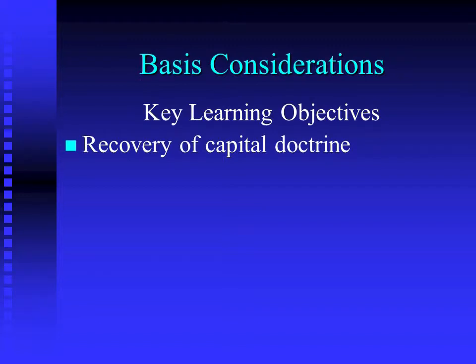So recovery of capital doctrine means if you spent money to make money, you've got a right to take a deduction for that money that you spent. So that's why when we get our gain or loss formula, it's our amount realized minus our adjusted basis becomes our gain, right? So we get rid of any cost we have not yet recovered before we even begin to talk about what our gain or loss is.